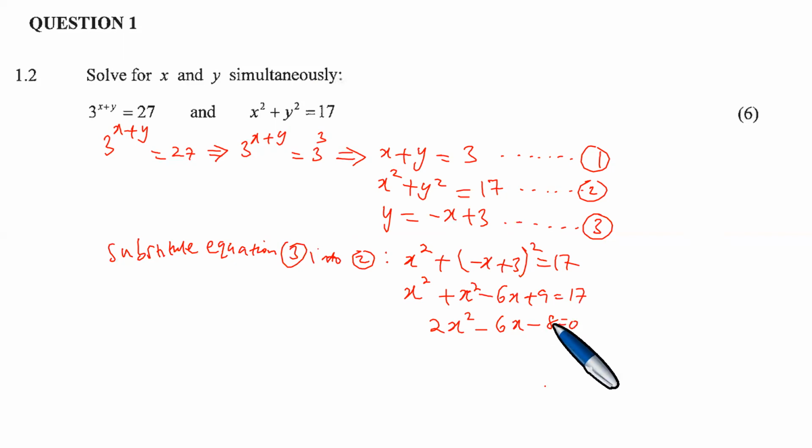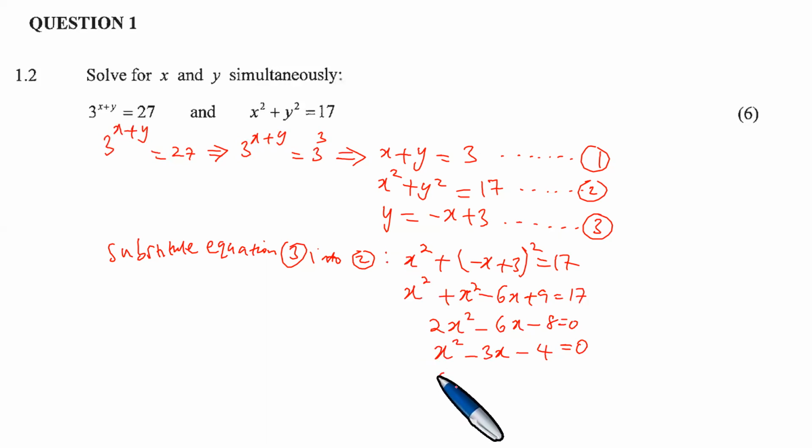Okay, we need to factorize this, but to factorize this, we divide through by 2. Dividing through by 2, we get x squared. If you divide 6 by 2, you get 3. Divide 8 by 2, you get 4. So this becomes x squared minus 3x minus 4 equals 0.